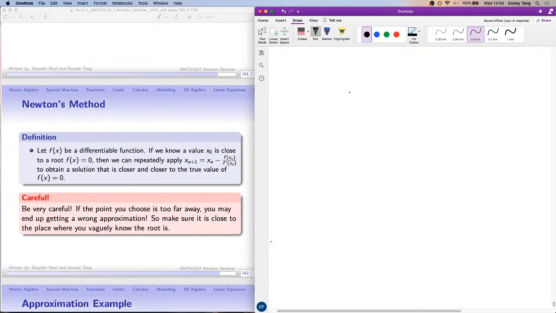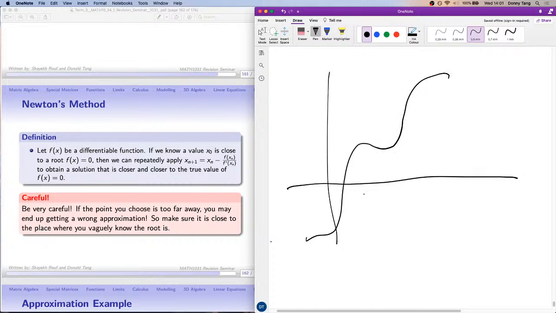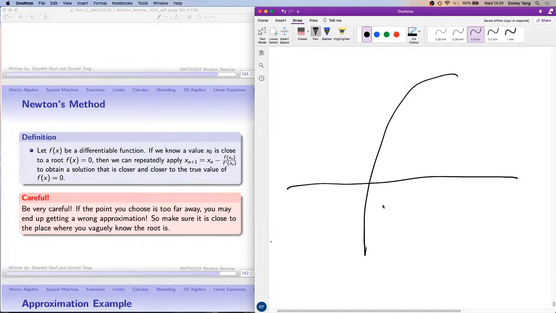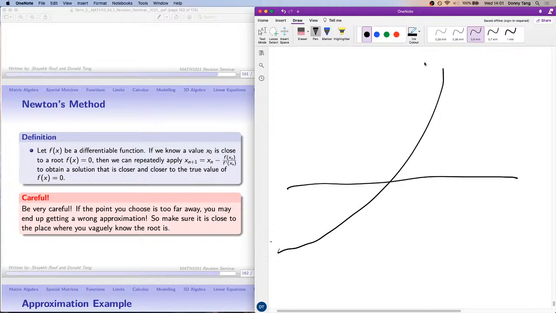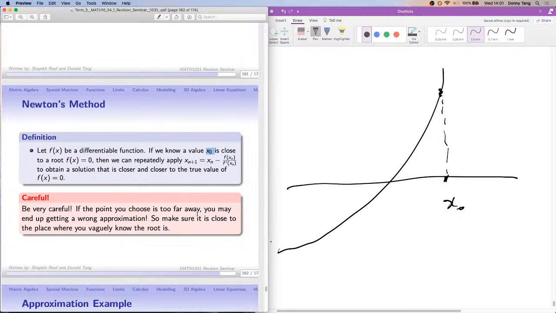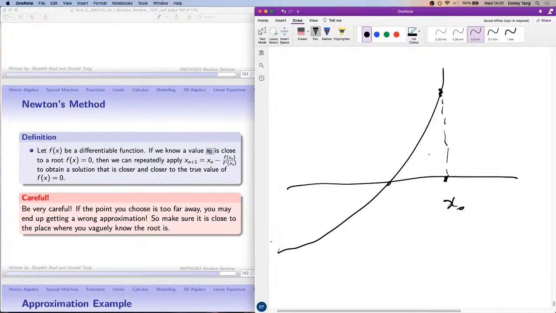So basically, how Newton's method works: if you have a function here, actually, we'll make it a simpler function, like this. You start at a point x0, and this has to be close to the root. This is the root, and this is close enough. So it draws a tangent and it hits the axis like this.